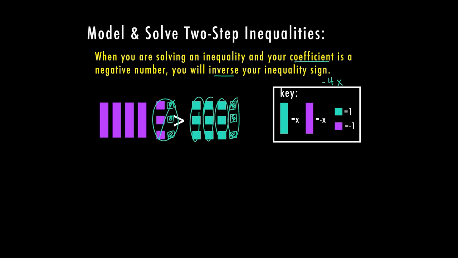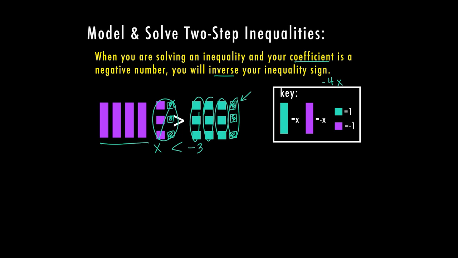So this is where usually checking your answers is going to help you understand the sign problem. So in this case, because these 4 x's are negative, as I'm dividing these positives into those negative x's, I have to flip my inequality sign. So that means that my final answer should be that x is less than negative 3.